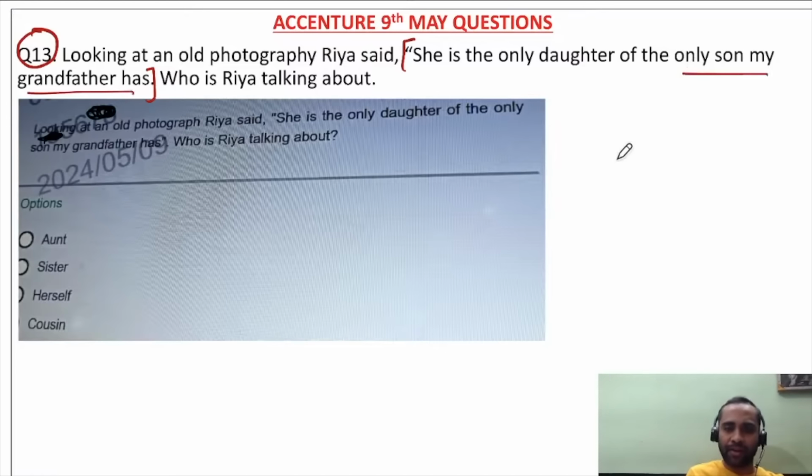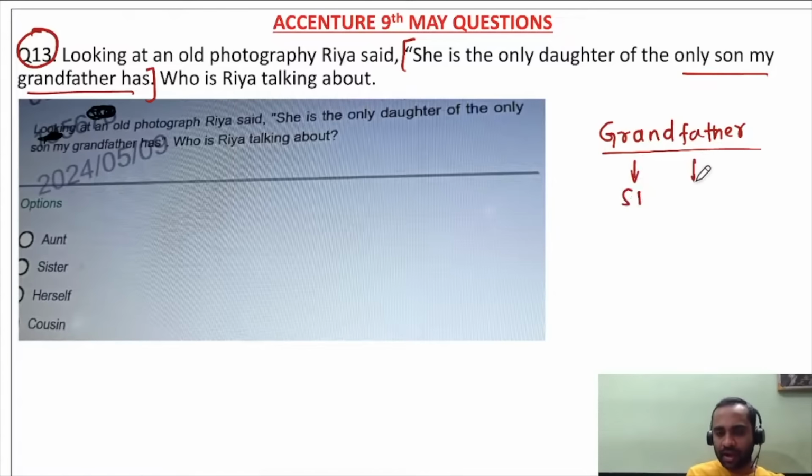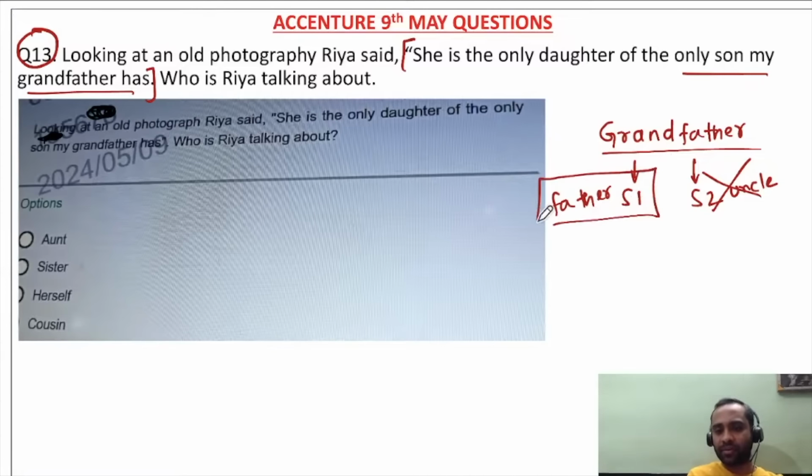Only son of grandfather. Suppose your grandfather has two sons, son 1 and son 2, then one will be your father and another will be your uncle. Now if your grandfather has only one son, then he is your father.